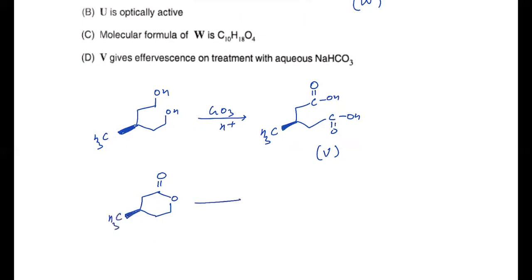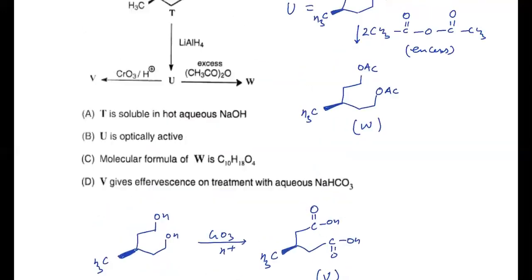When it is treated with NaOH, it will convert to this one, COO minus, and this is COO minus, and here this becomes OH. This is COO minus, and this is CH3. So this is soluble. So T is soluble in hot aqueous NaOH, correct.